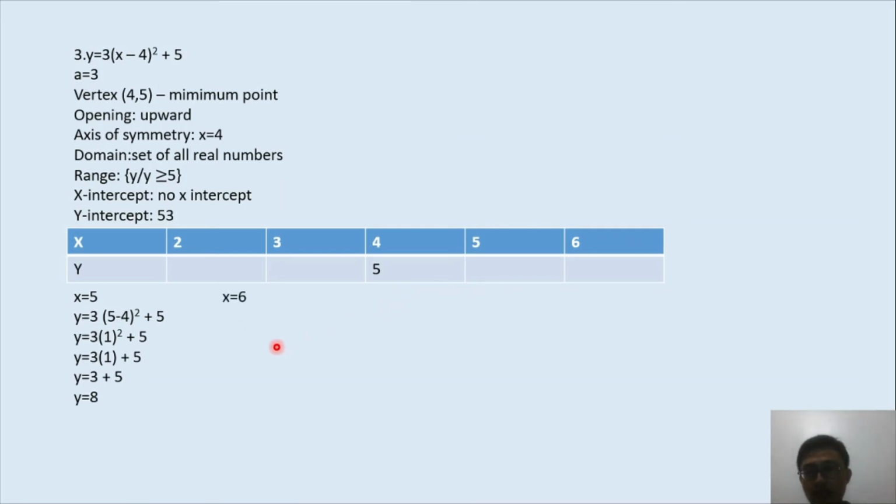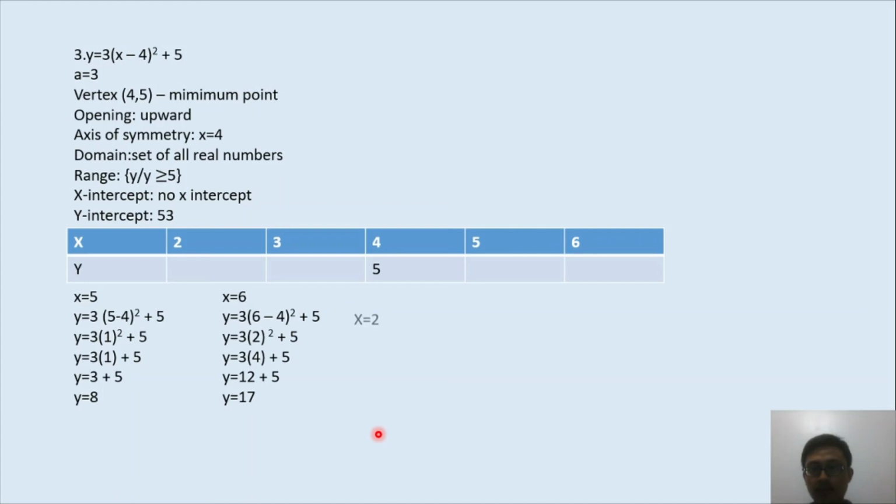Next, pag 6 naman, ganun ulit, substitute natin yung x. 3 times quantity 2 squared plus 5. Magiging 4. So, 3 times 4 plus 5. 12 plus 5. So, that is 17. So, doon sa 6, 17 naman.